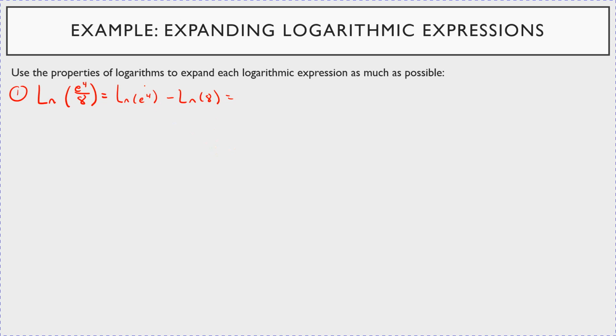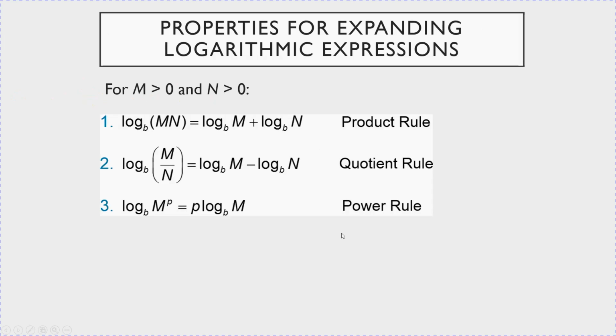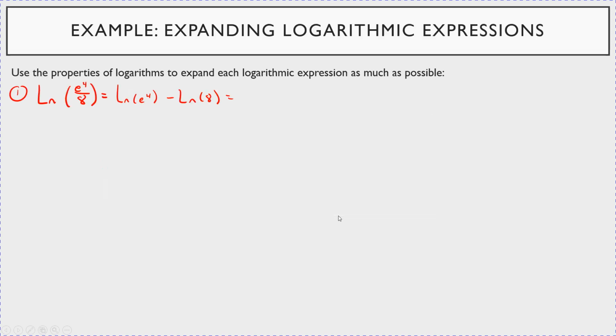I used the quotient rule; now I'm going to use the power rule and bring that 4 down in front. And then this is awesome. If you remember from the previous lecture, what is the natural log of e? That's just 1.